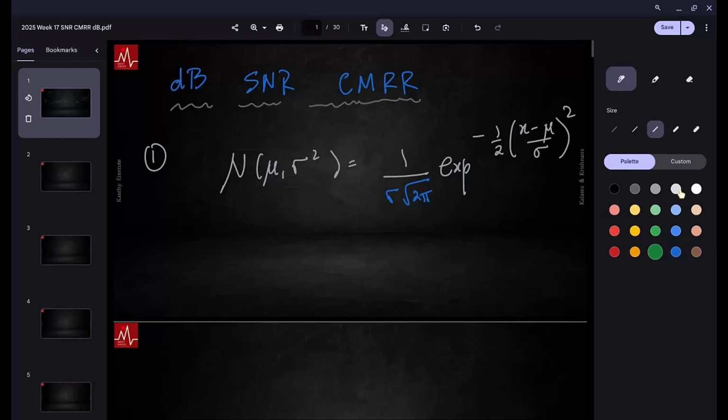Can we also write down the following probabilities for deviations? I want plus or minus 1 sigma, plus or minus 2 sigma, and then plus or minus 3 sigma. What are the corresponding probabilities?